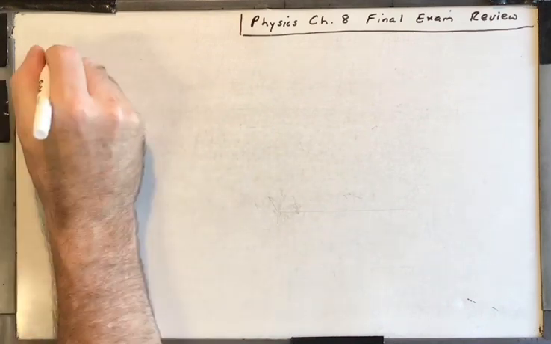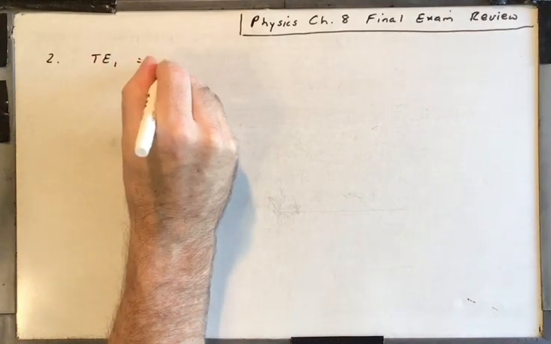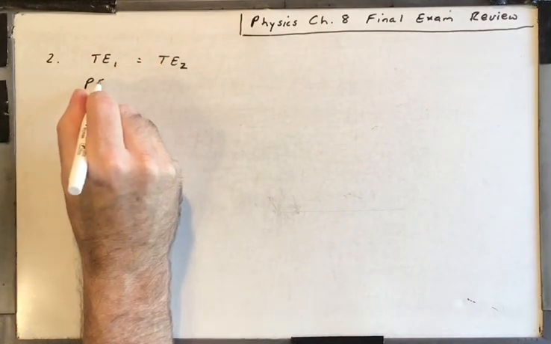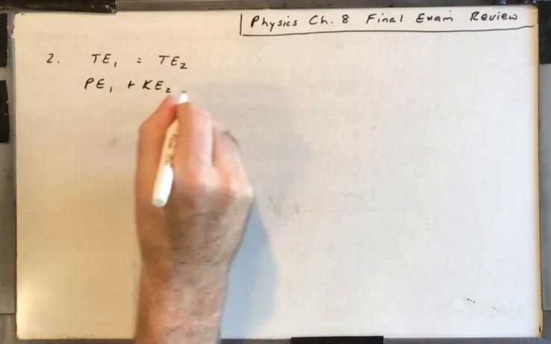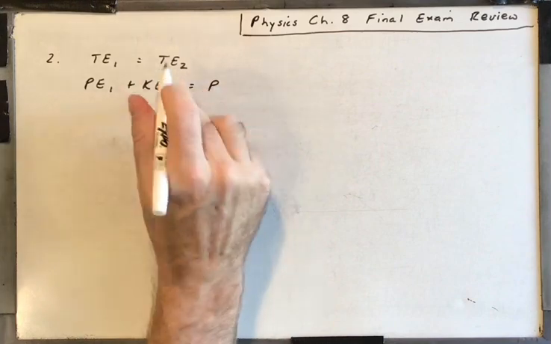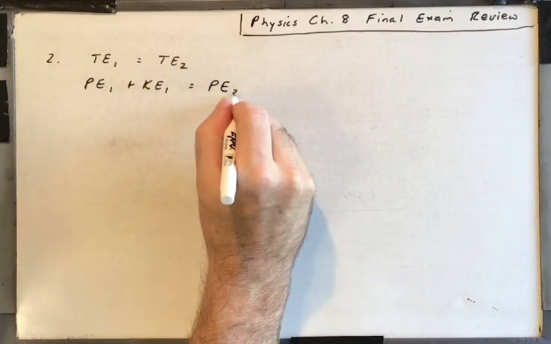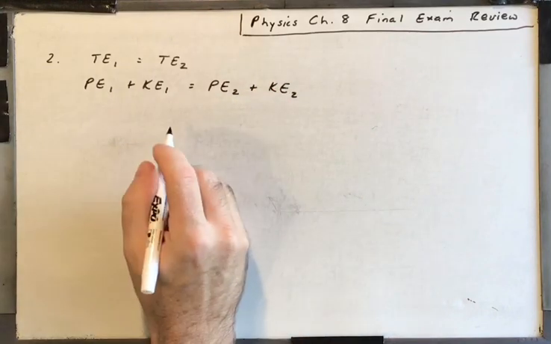So we have total energy hill 1 is equal to total energy hill 2. Potential energy hill 1 plus kinetic energy hill 1 is equal to potential energy hill 2 plus kinetic energy hill 2.